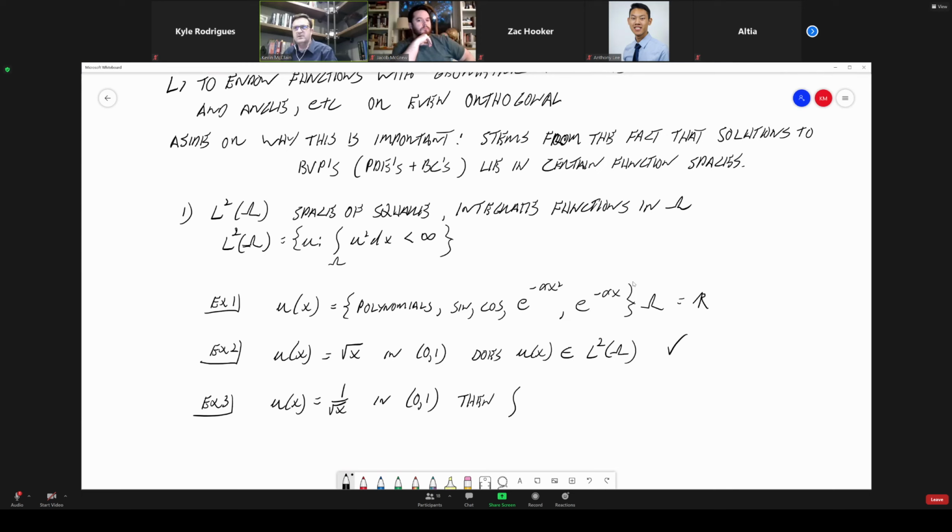Then you'd have the integral from 0 to 1 of (1 over root x) squared dx, which gives you the integral from 0 to 1 of dx over x, which is ln of x from 0 to 1, which is equal to positive infinity.